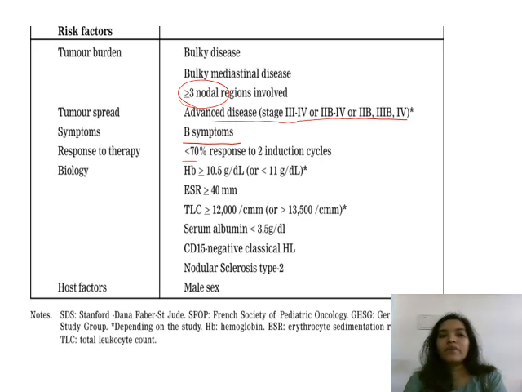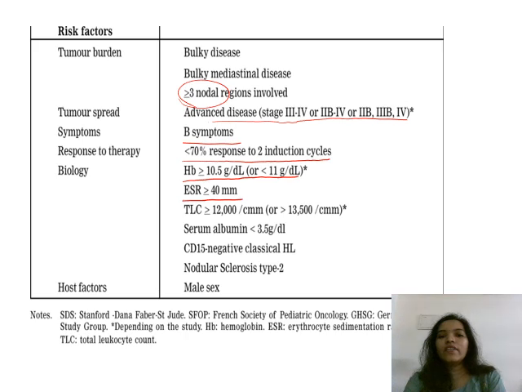Less than 70% response to 2 induction cycles after starting therapy, or at the time of diagnosis, hemoglobin less than 11 grams per deciliter, or ESR more than 40 millimeters in the first hour.